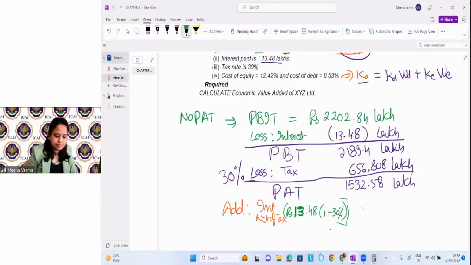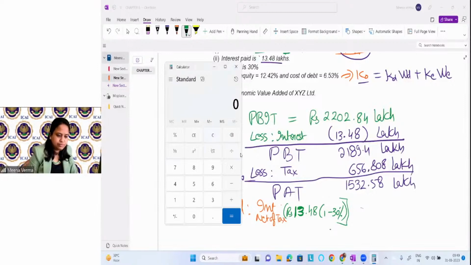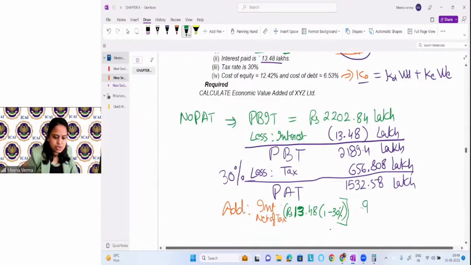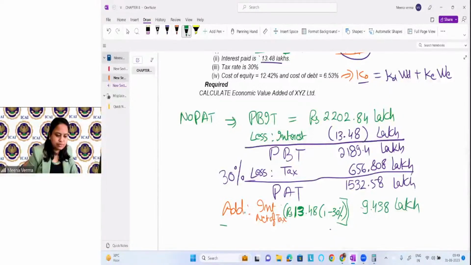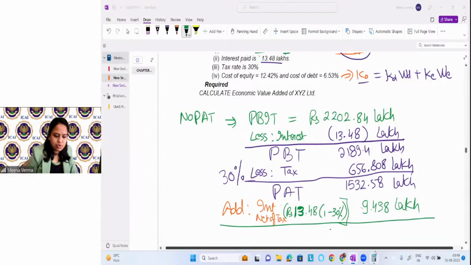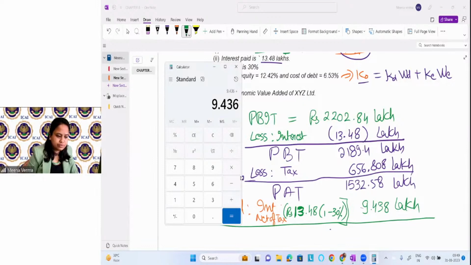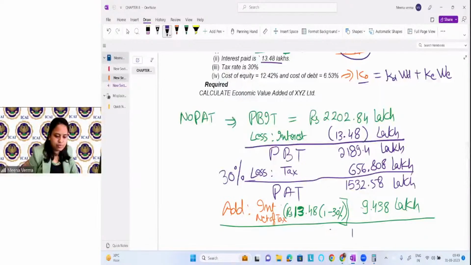Add it, right? So this will be 9.438 lakh. So what is it coming? 1542.016.